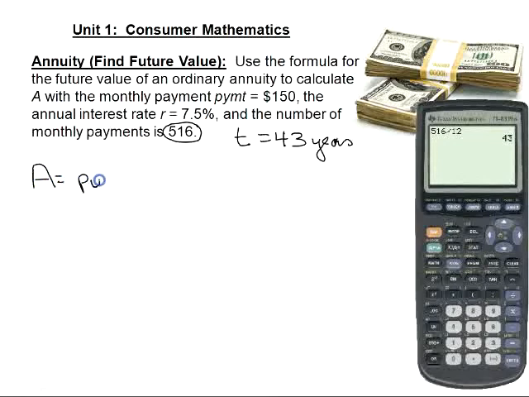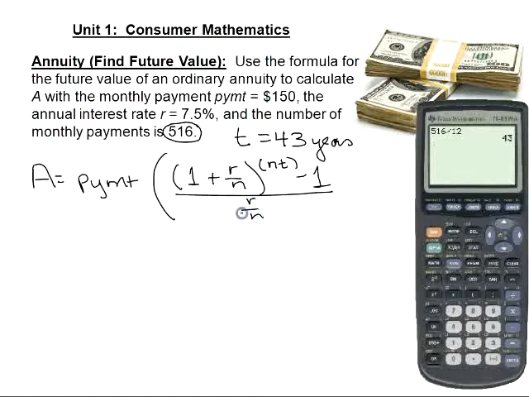The amount at the end of the investment is the payment, and inside parentheses 1 plus r over n to the nt minus 1, all over r over n. We know our payment. We know what r is. We know what t is.